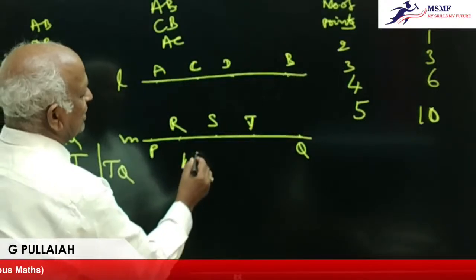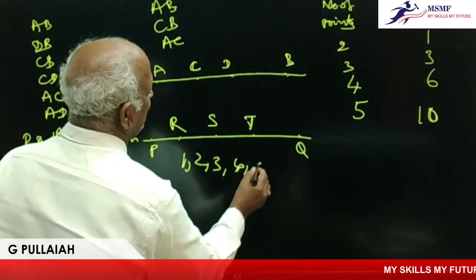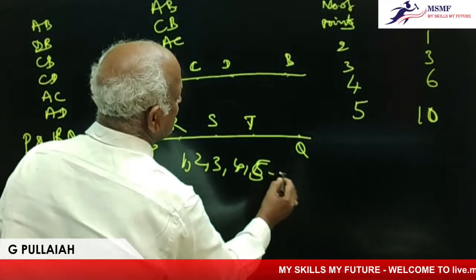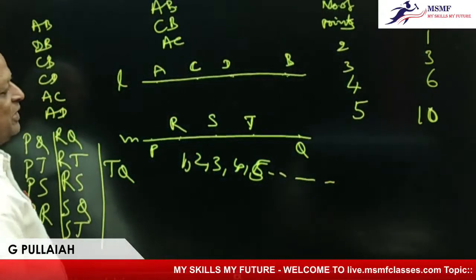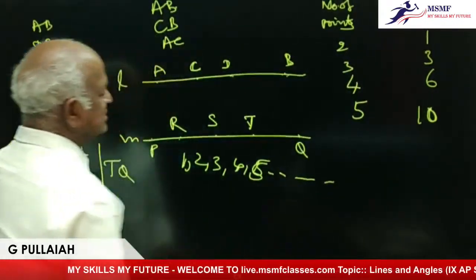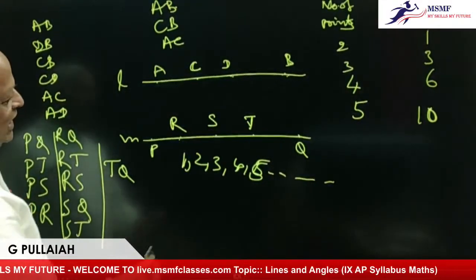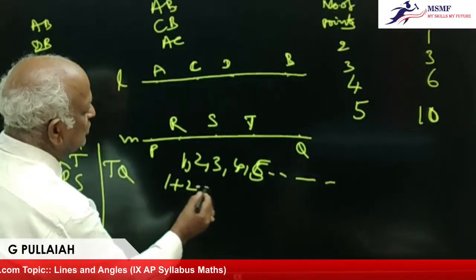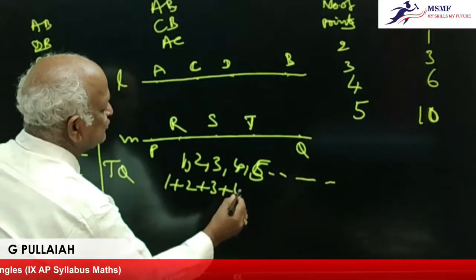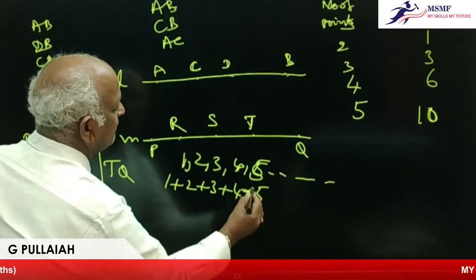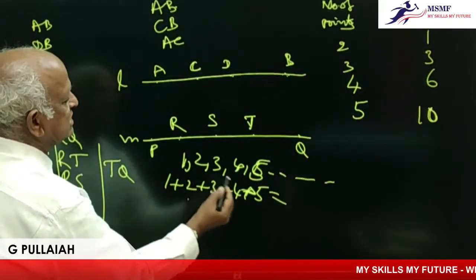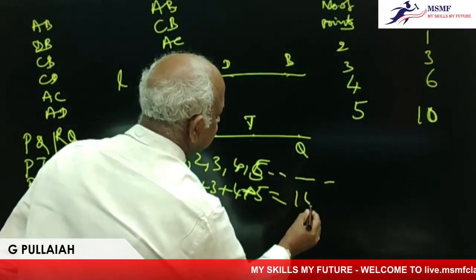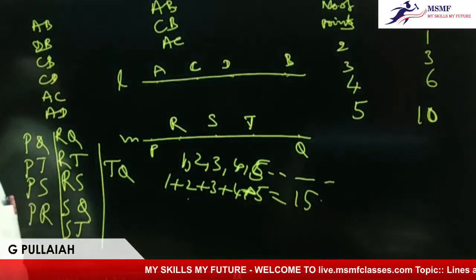For example, 1, 2, 3, 4, 5, and so on, up to n numbers. Let us take up to 5, so n is equal to 5. The sum of 1 plus 2 plus 3 plus 4 plus 5 is 3, 6, 10, 15. The sum of the numbers is 15.